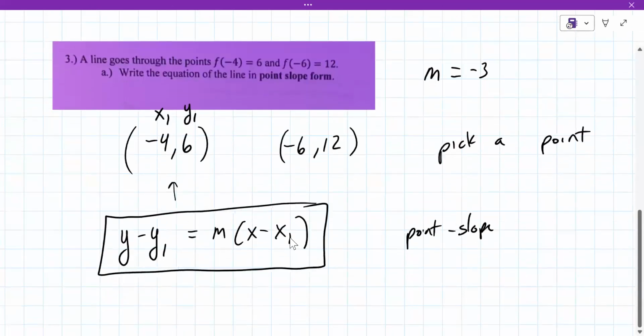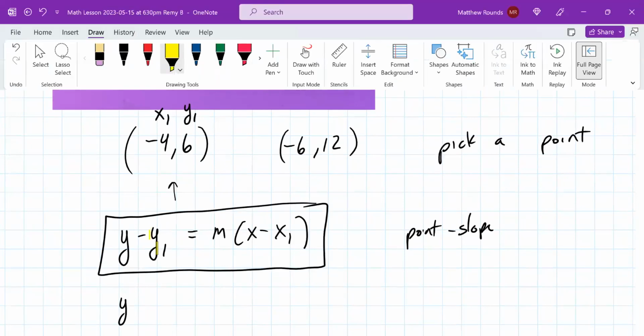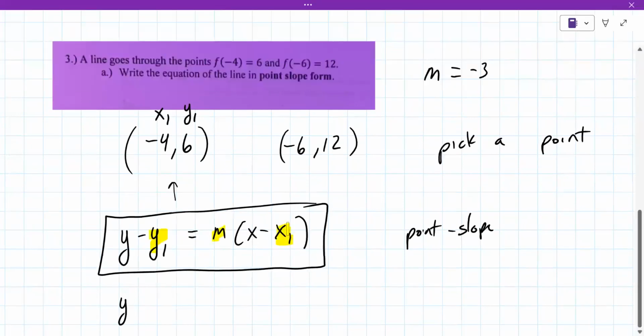You're going to substitute in for x1, y1, and m. You're going to leave x and leave y. And how do you know which number to put in for m? The slope, we just calculated it, -3. Yeah, we did all that work to find the slope.